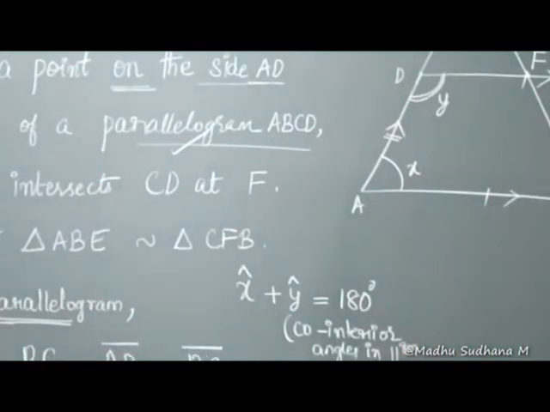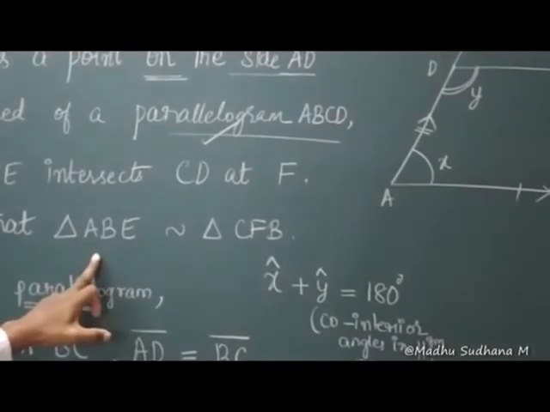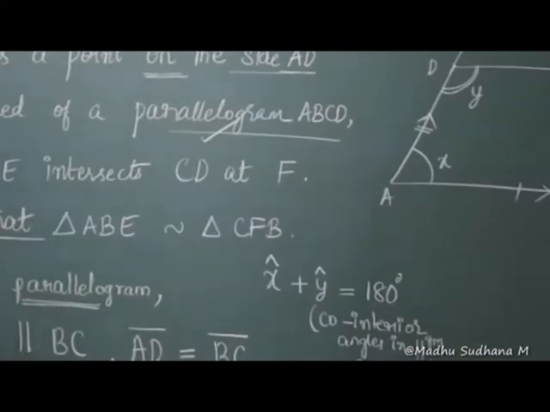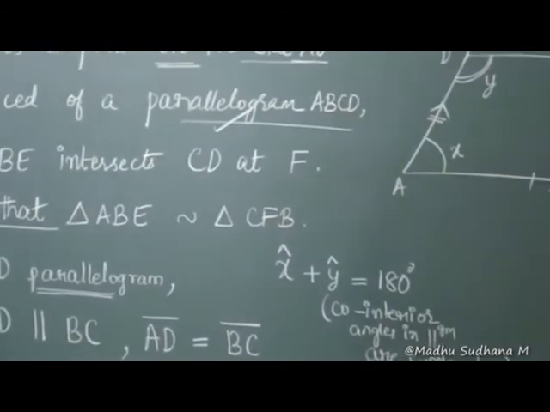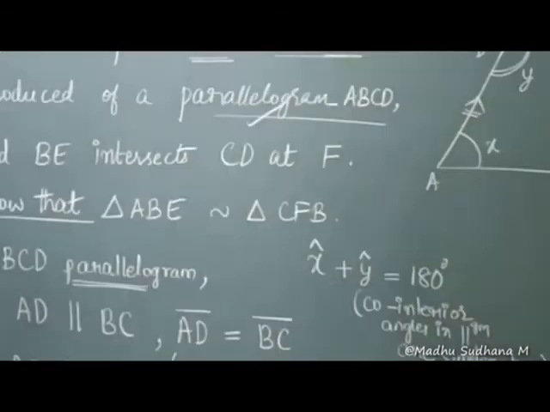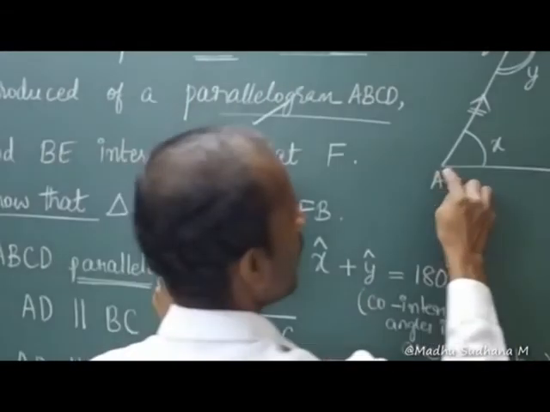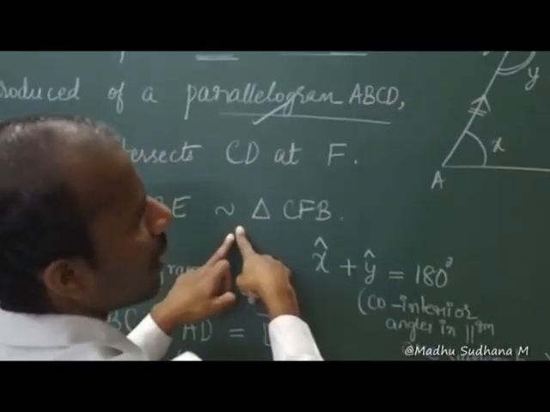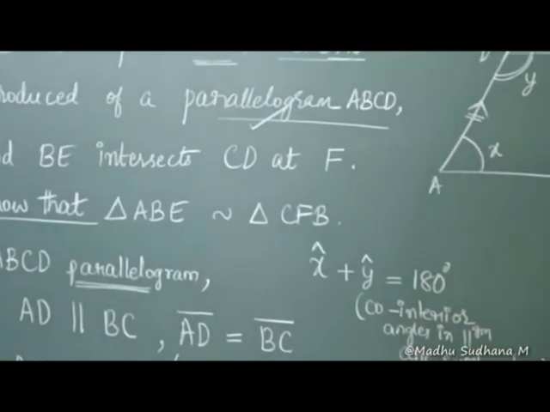Then we need to prove that, so let me write, show that. So this is to be proved: to show that triangle ABE is similar to triangle CFB. Okay.